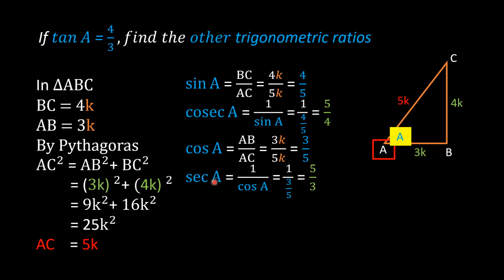So sec A will be 5 divided by 3. Cot A and tan A are reciprocals of each other. So we write cot A equals 1 divided by tan A. Tan A is 4 divided by 3. So it will be 3 divided by 4. So cot A is 3 divided by 4.